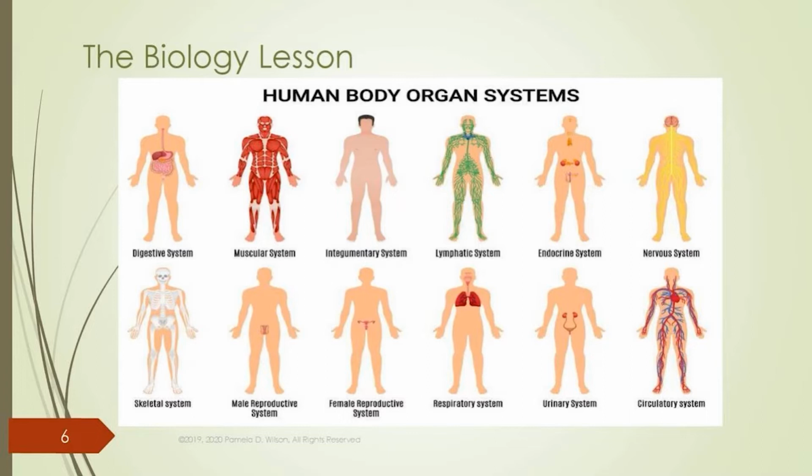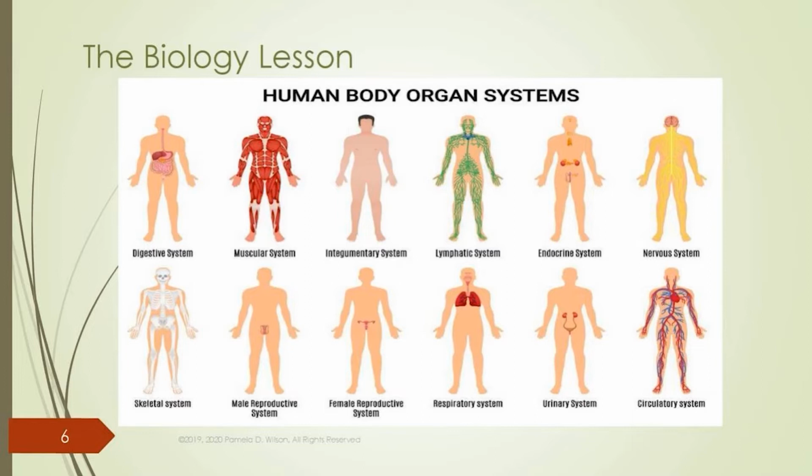The integumentary system is your skin, your hair, your nails, your glands, and your nerves. You could have your skin having different conditions. Maybe you have skin tears, maybe you have dermatitis, your hair could fall out, you might have problems with your nails, issues with glands and nerves.